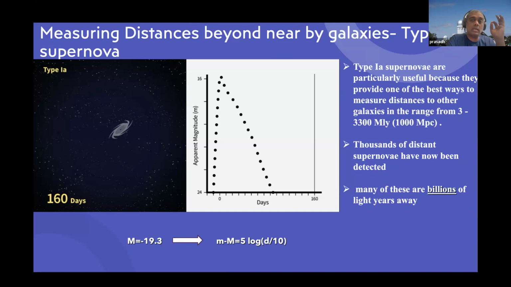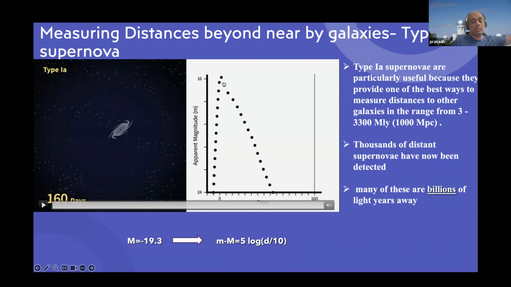That is a very specific property of these type 1a supernova explosions, right? Now this will give you the answer how we can measure distances using type 1a supernova explosions. So you are carefully looking at all these galaxies that are millions of light years away. In case there is a type 1a supernova explosion, you are trying to get this curve.